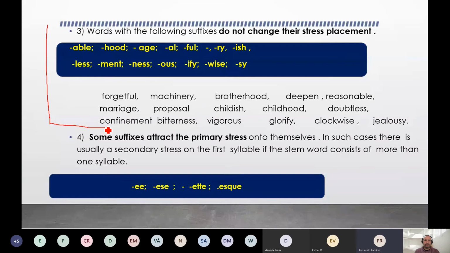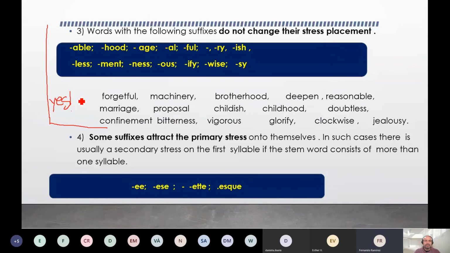Words with the following suffixes do not change the stress placement: able, hood, age, al, ful, ish, less, man, ness, ous, ify, wise, and sick.